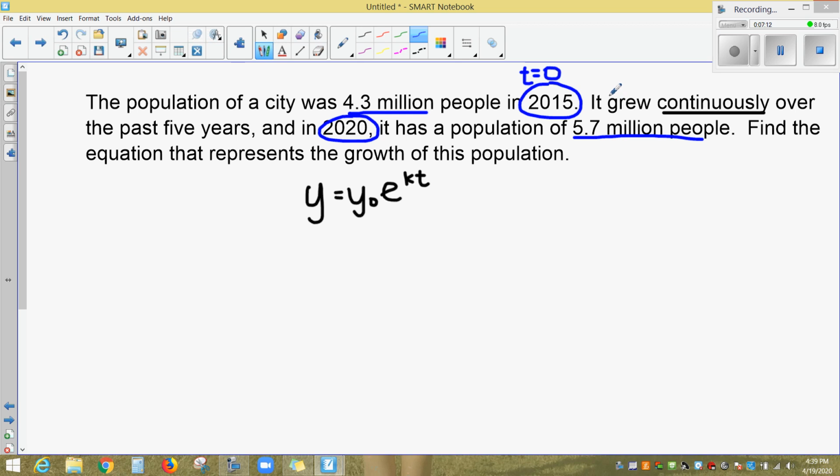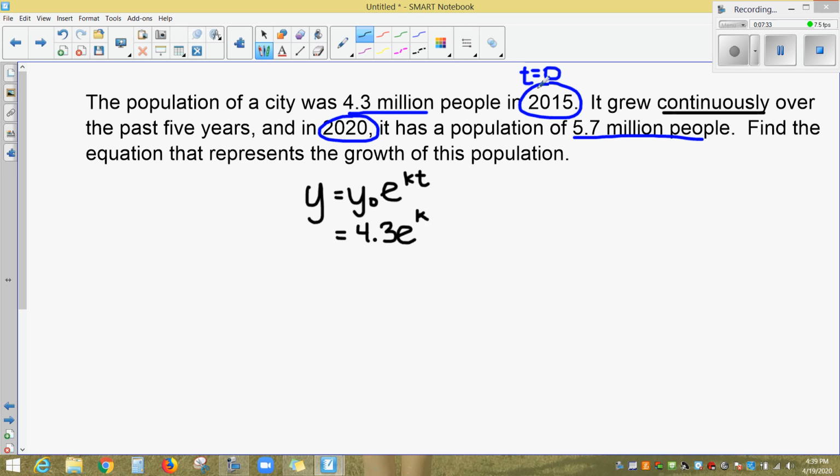That's when we started this experiment, when we started recording the data, whatever. So the 4.3 is going to go in our initial amount. It grew continuously, which is our e. We don't know the k.